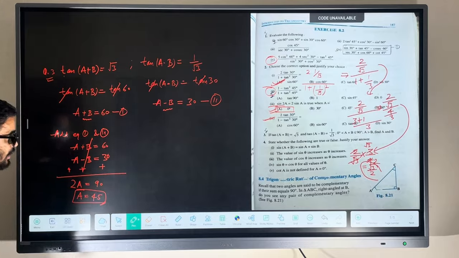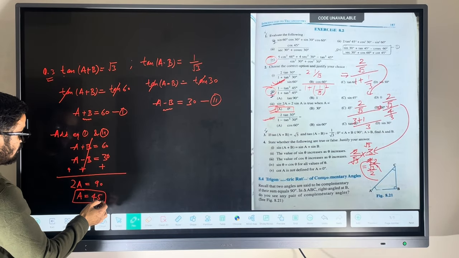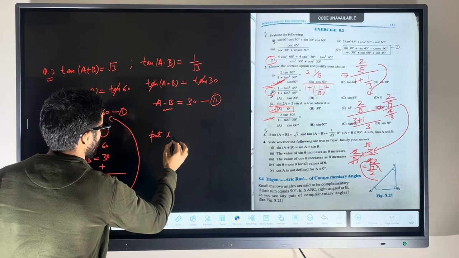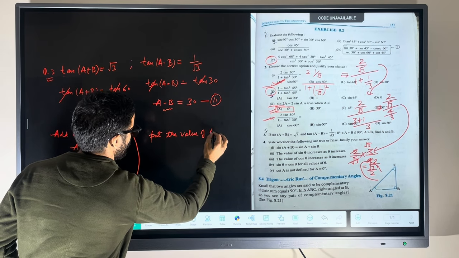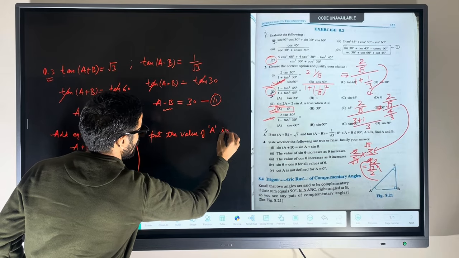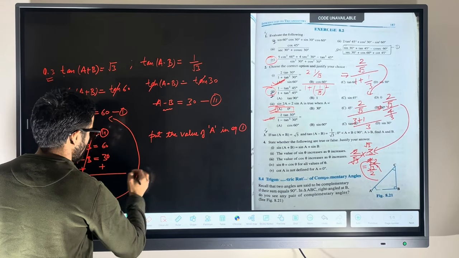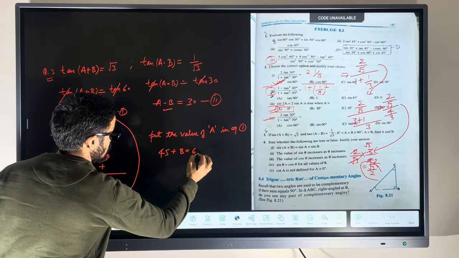Now we get the value of angle A, that is 45. We can put the value of A in equation 1 or in equation 2, it's up to you. Now I am putting this value in equation number 1. So the value of A is 45 plus B is equal to 60.